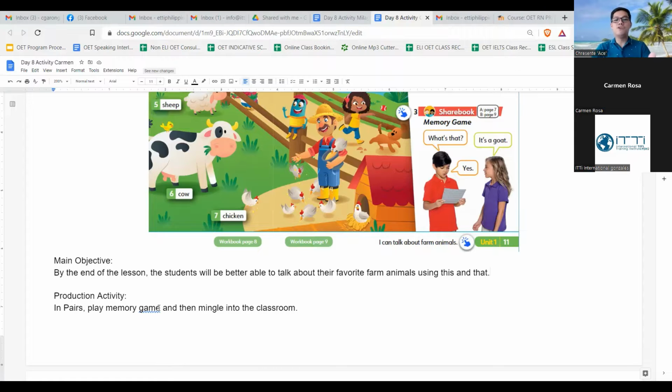So here, because you wrote in your objective, talk about their farm animals using this and that, maybe here, in pairs, students first draw their favorite farm animal.